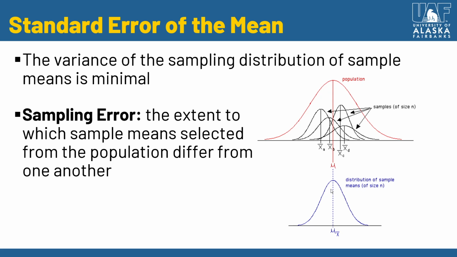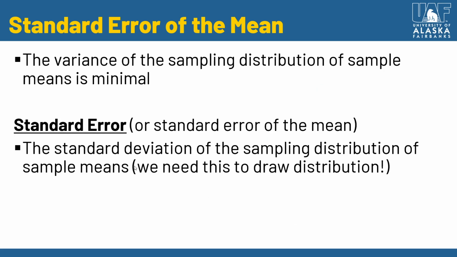Or in other words, the samples we're collecting are varying a lot more than they otherwise could, right, than if we had a sampling distribution with a small standard error. That means that the samples we're collecting from the population are generally more tightly knit, right? They're more representative of the population's mean, right? So that's essentially what we mean when we say standard error of the mean.